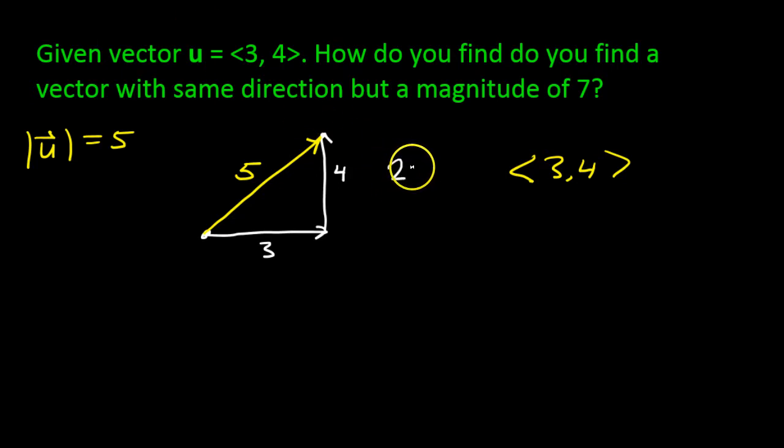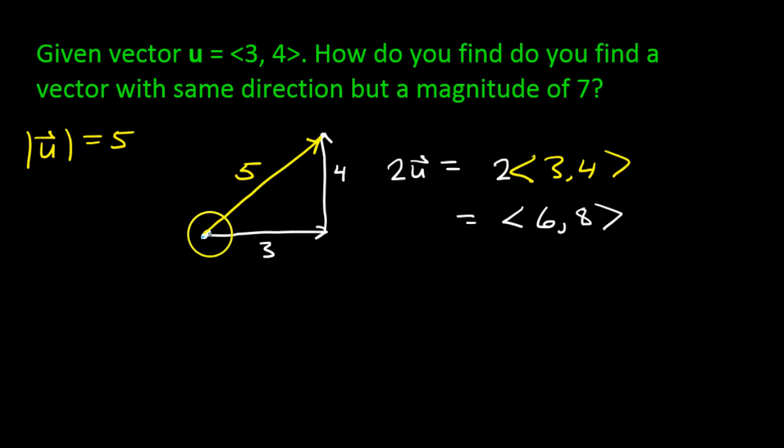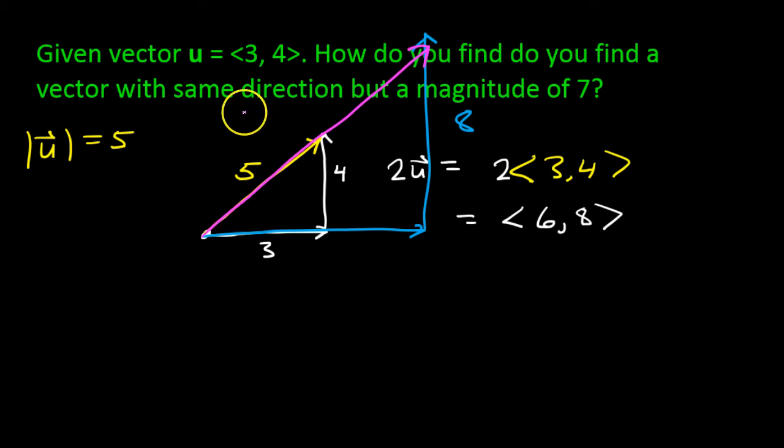So 2 times vector u would be 2 times this, which gives me 6, 8. Now this would be 6, twice as long. This would be 8, twice as long, and our new vector 2u would be like this. It would be twice as long, so it would be 10.